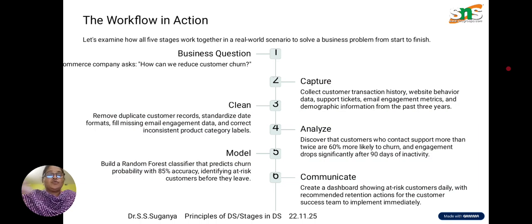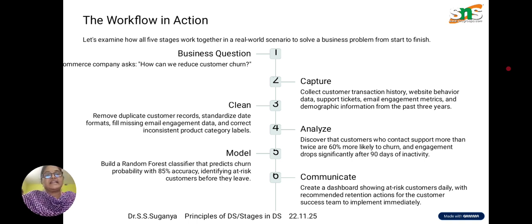Let us now see the workflow across the different stages, starting from capture till communication, with a real world example. The business goal here is to reduce customer churn. In the capture stage, we focus on the transactions, behavior, and engagement of the customers. In the clean stage, we remove the duplicates, standardize the customer data formats, and turn unstructured or semi-structured data into structured data.